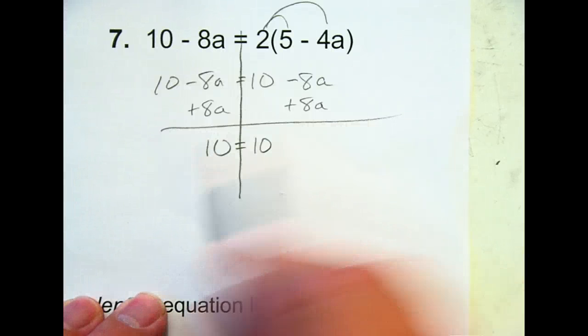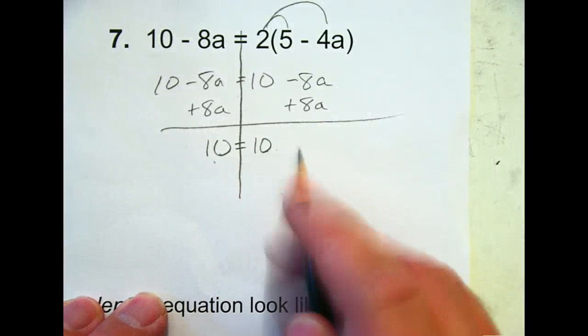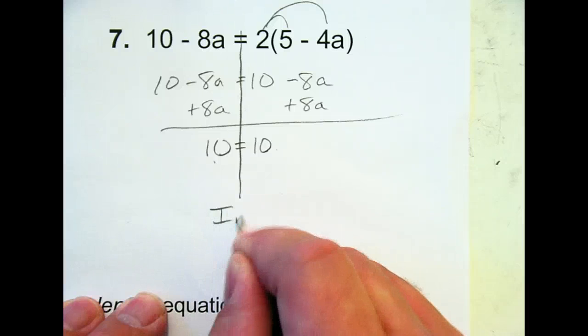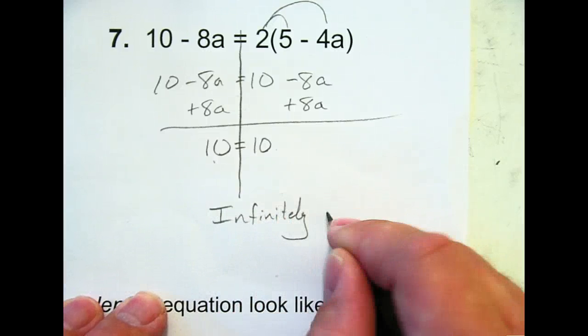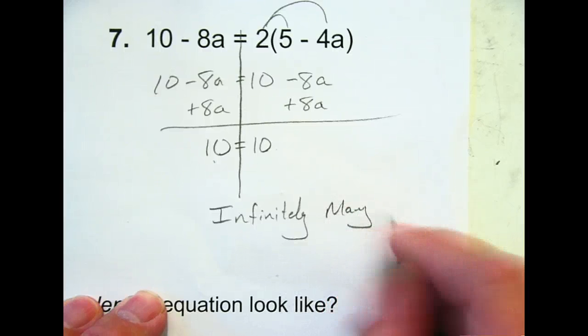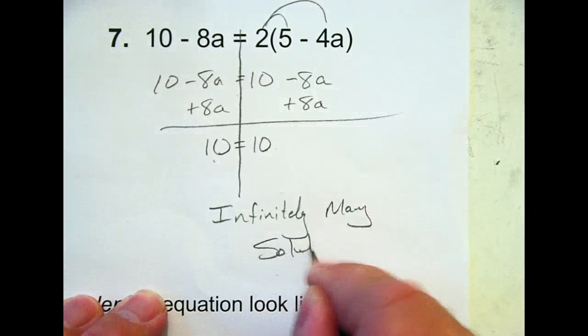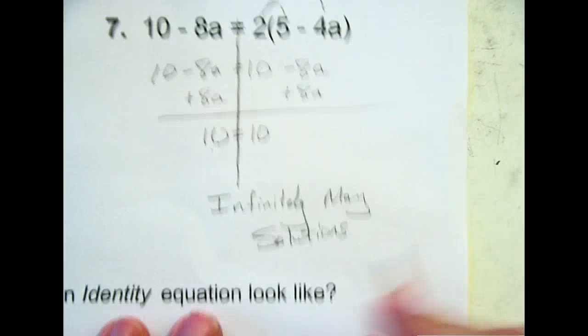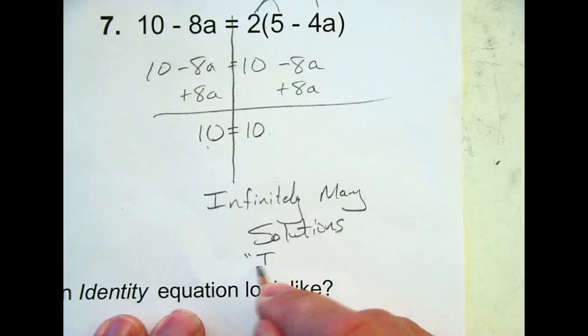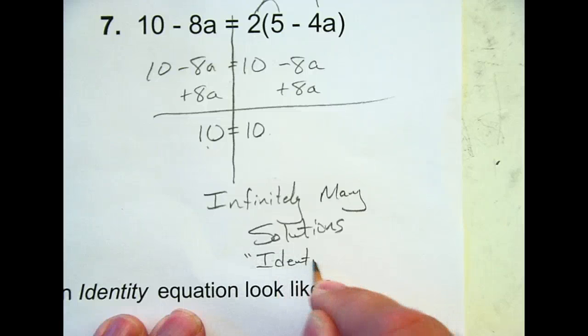If the variables disappear and you get a true statement, in math, that means infinitely many solutions. It's also known as an identity. Now, you won't hear that term as much anymore.